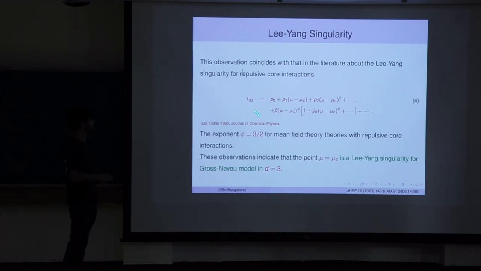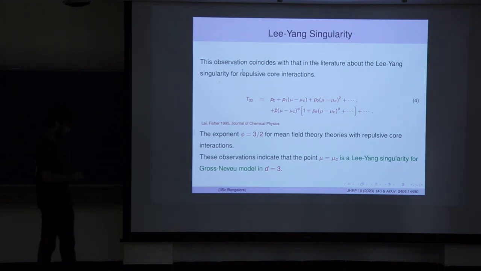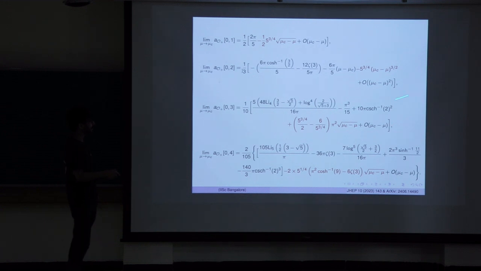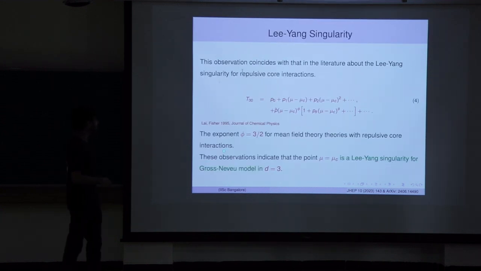In this article you can find such an expansion of the stress energy tensor, and it is observed that the exponent phi equal to 3 by 2 is special for mean field theories with repulsive core interactions. As our stress tensor has exactly the same critical exponent, we can identify the point mu equal to mu c as a Lee-Yang singularity for the Gross-Neveu model in d equal to 3.